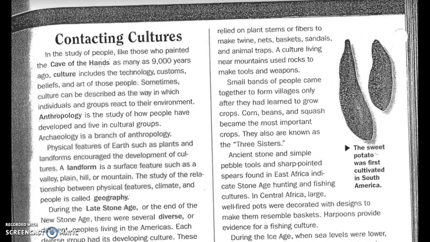A culture living near mountains used rocks to make tools and weapons. Small bands of people came together to form villages only after they had learned to grow crops. Corn, beans, and squash became the most important crops. They are also known as the Three Sisters.